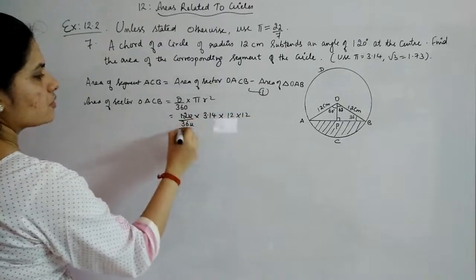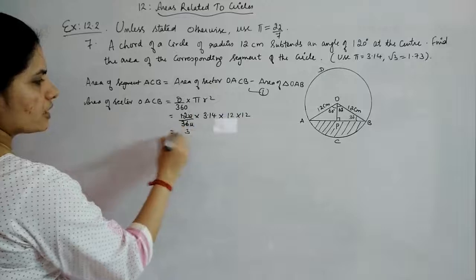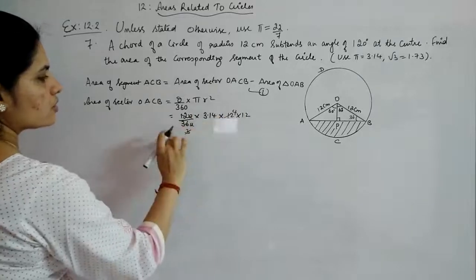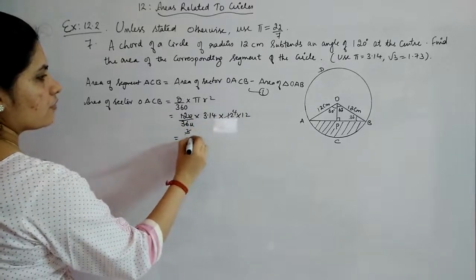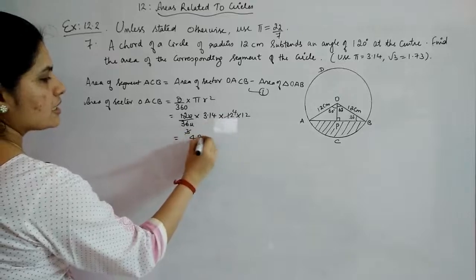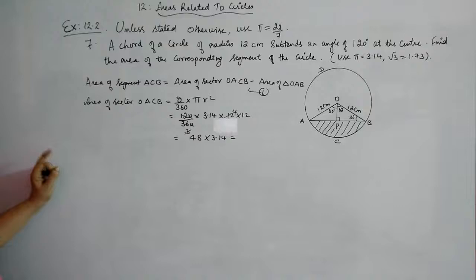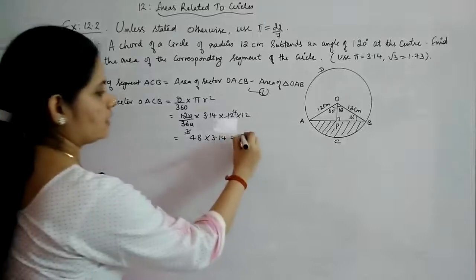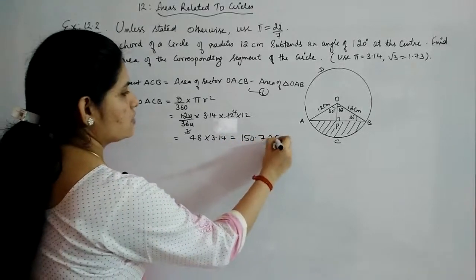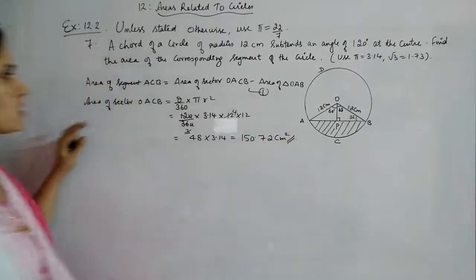So this will give you 4 into 12, 48 into 3.14, and this is equal to 150.72 centimeter squares. So this is the area of the sector.